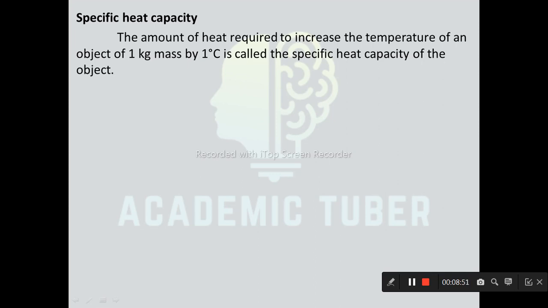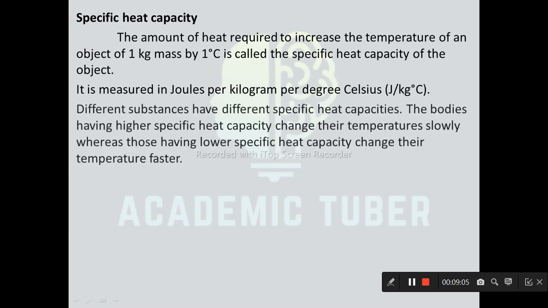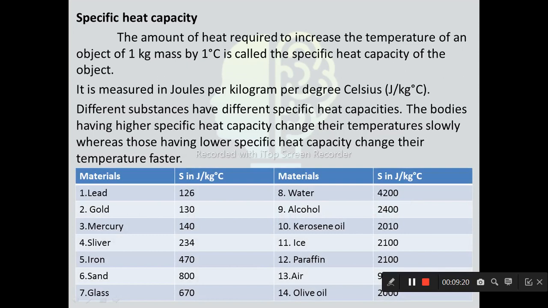It is because of the different heat absorbing capacity of different substances, and this capacity is known as the specific heat capacity. It is measured in joule per kg per degree Celsius. The body having higher specific heat capacity changes its temperature slowly, whereas those having lower specific heat capacity change their temperature faster.